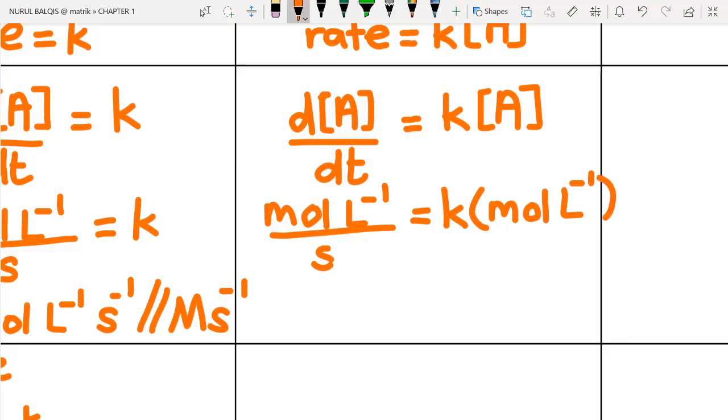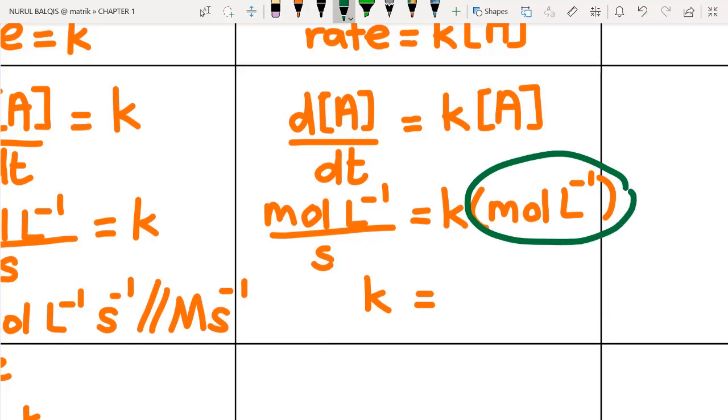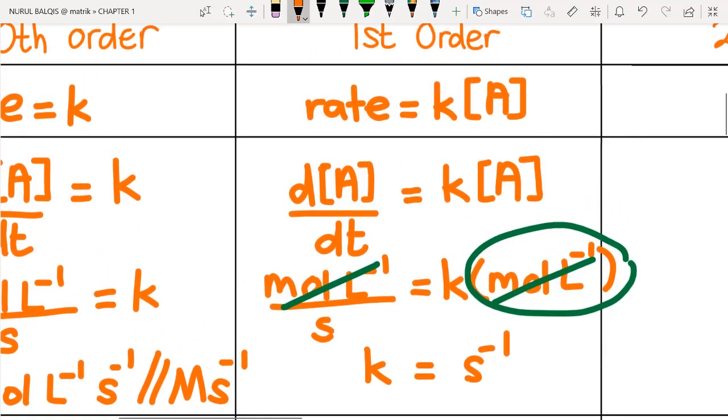Once we combine everything together, this mole, we're going to cancel it out with the next mole, leaving you only with per second. So this is the unit for first order reactions, per second.